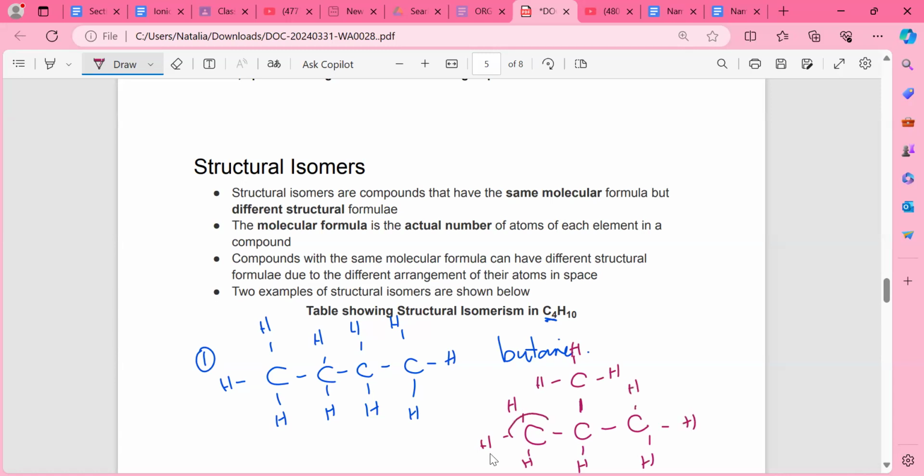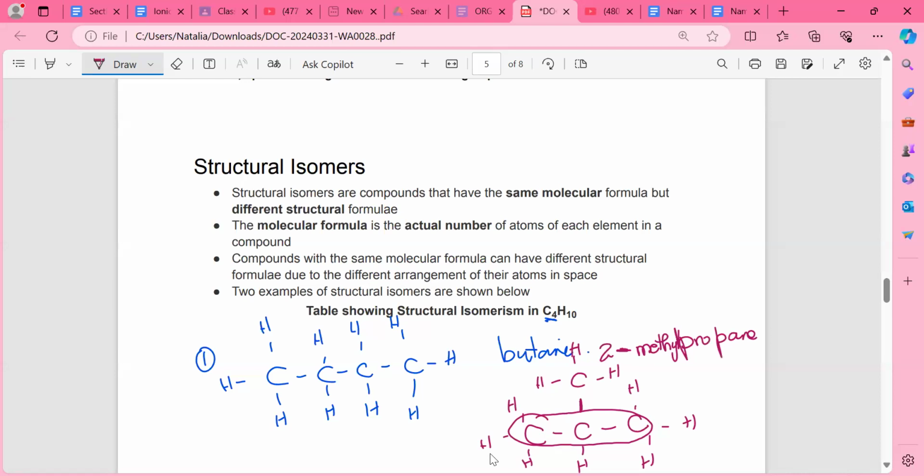What's the name of this? The longest carbon chain is propane, 3. Do I have a substituent? Yes. What's the name of the substituent? Methyl. And methyl is on which carbon? Second.